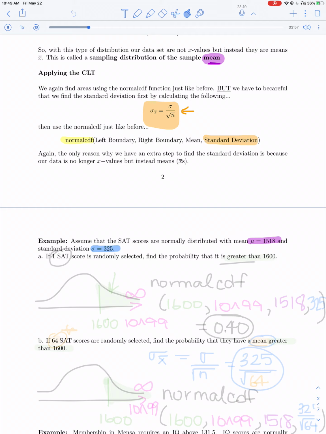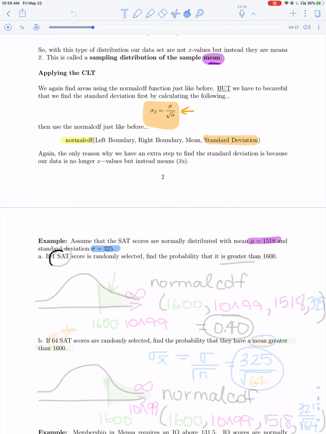Okay, let's look at problem A. In problem A, we have one SAT score. That means one data value. And we want to find the probability of it being greater than 1600. That is what we've been doing in this chapter already, this regular 6.2, because we're only talking about one score.